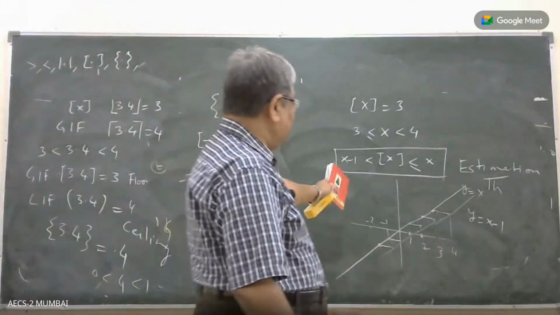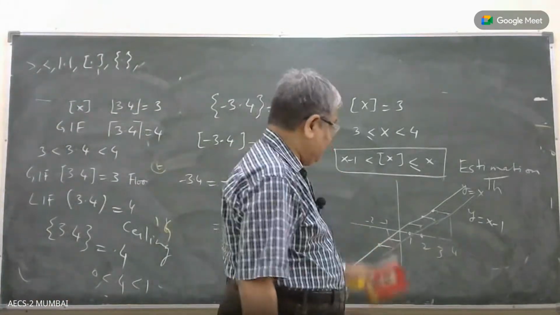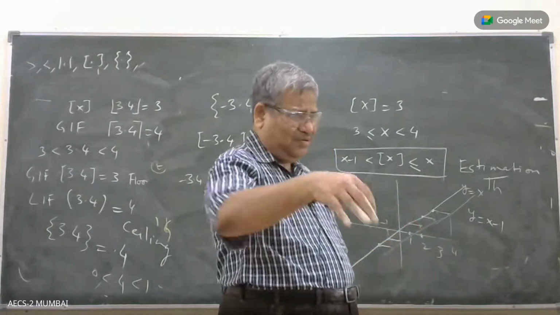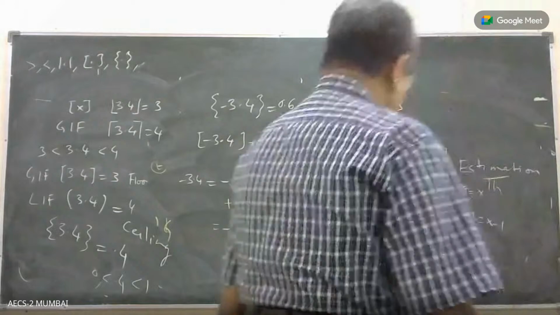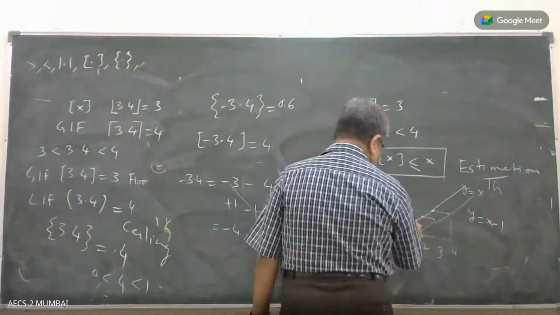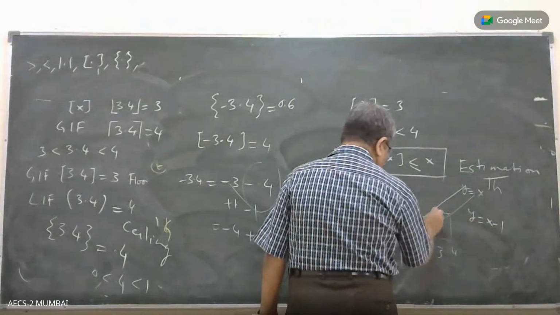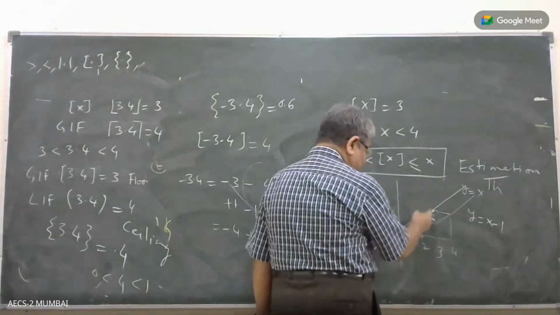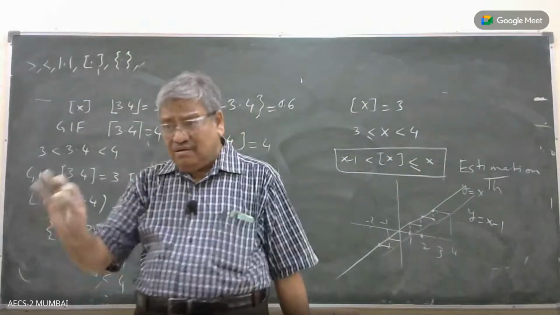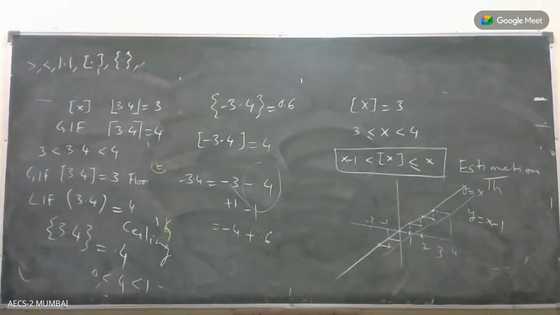This is what it tells you: that it is below this line and above this. You can make a good picture. Okay? Sometimes in books they join it to make it like a staircase. But it is understood these vertical lines are not part of the function. Correct? So it's a staircase function.